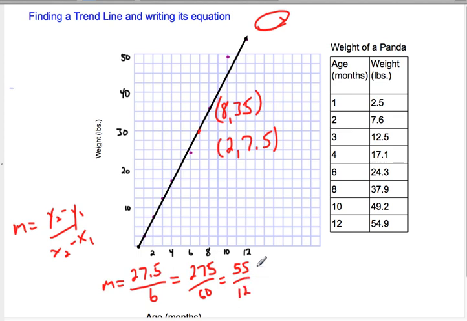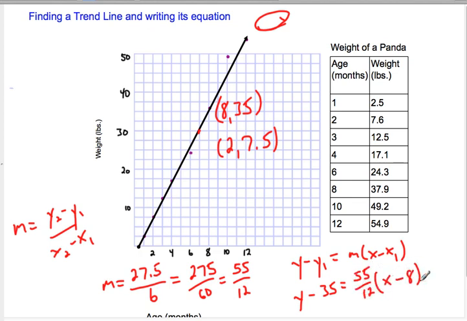And then we need to use point slope form. So y minus y1 equals m times x minus x1, and that will give us y minus 35 equals 55 over 12 times x minus 8.